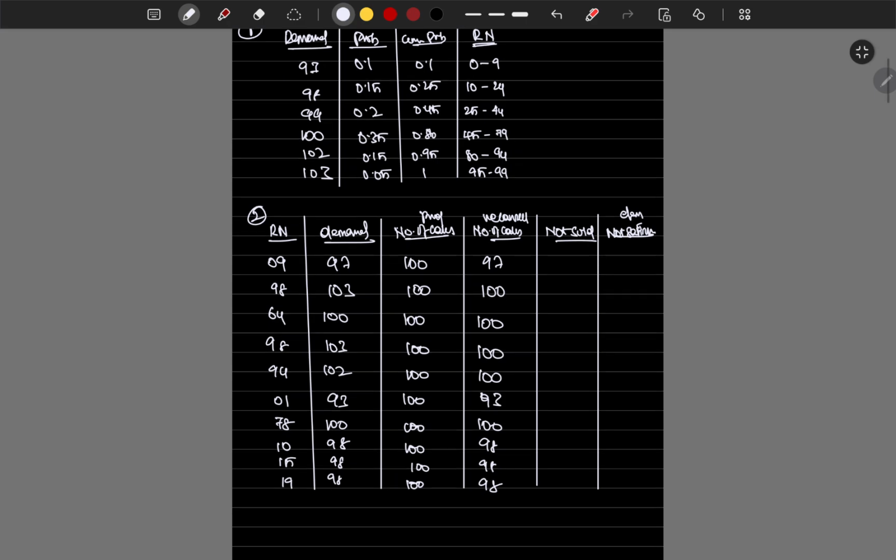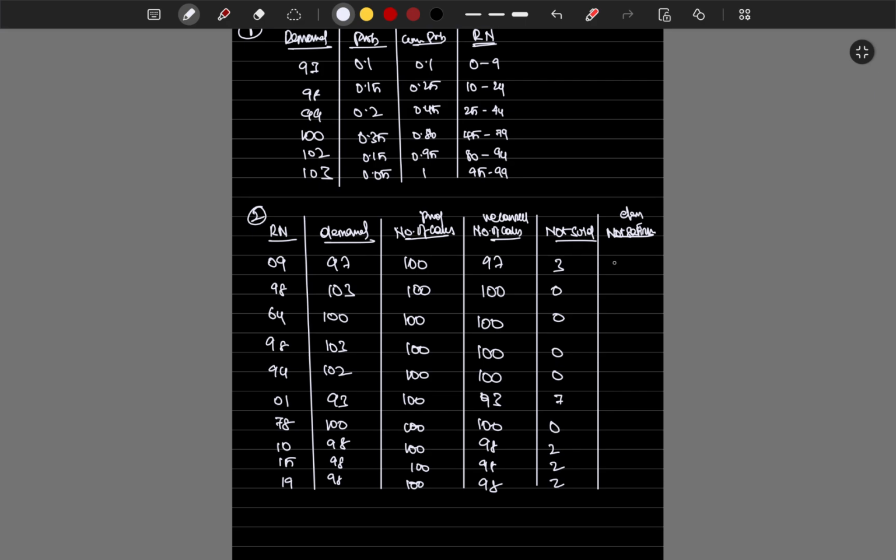Then which cakes are not sold? Number of cakes produced minus demand is the cakes which are not sold. So 3, nothing, which is 0, every cake is sold, 7 cakes unsold, 2 cakes unsold. Which demands are not satisfied?